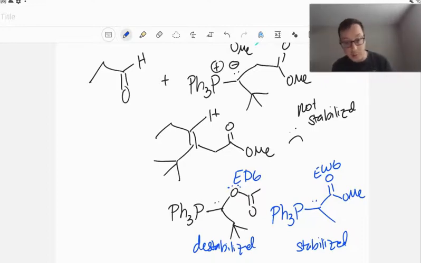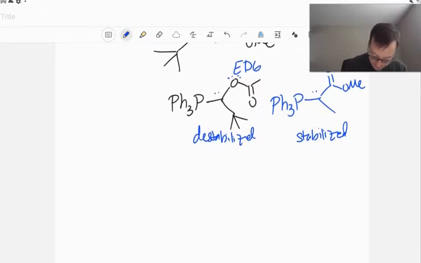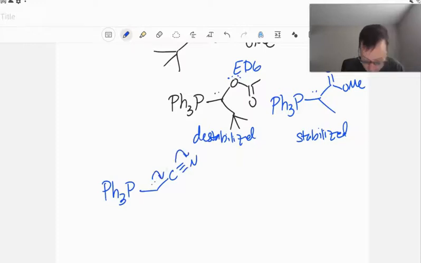Yes. Well, a nitrile would stabilize, right? But without the nitrile, it's destabilized. The nitrile by itself is certainly an electron withdrawing group, so you can totally resonate this thing.